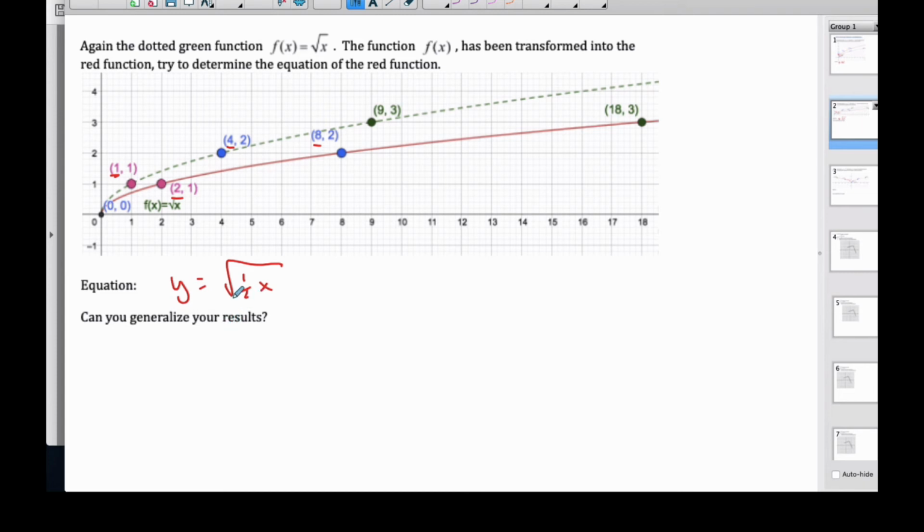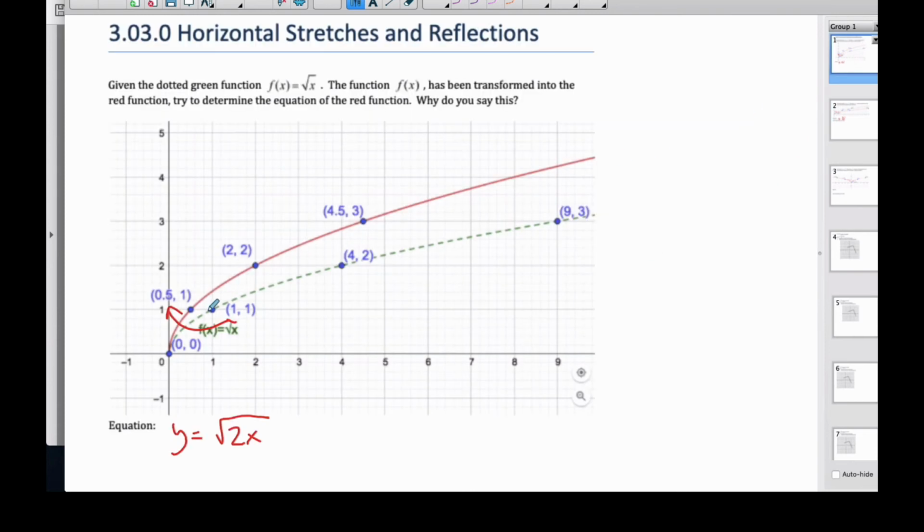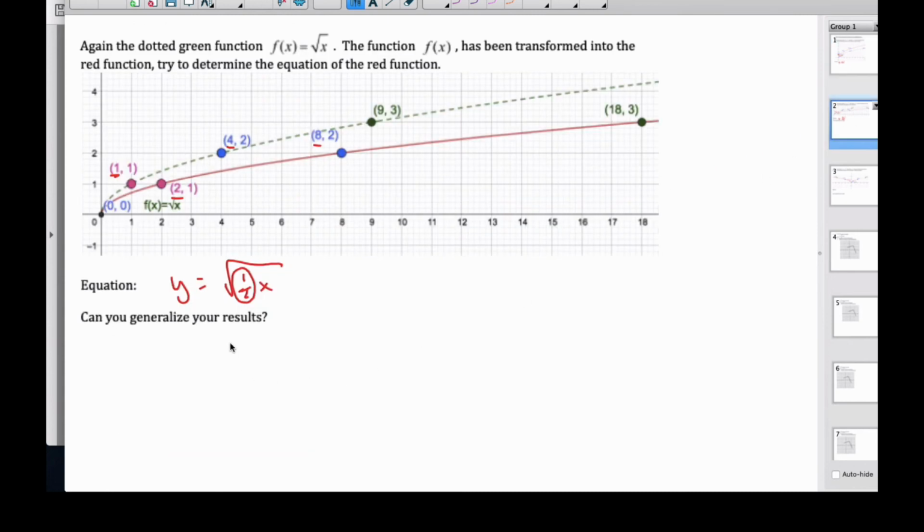Okay, and so what I want to do is, can I generalize these results? Well, this b value, if I wanted the x to be twice as big, I divided it by 2. When I wanted the x to be half, I multiplied it by 2. So it's the opposite operation of what you would expect.